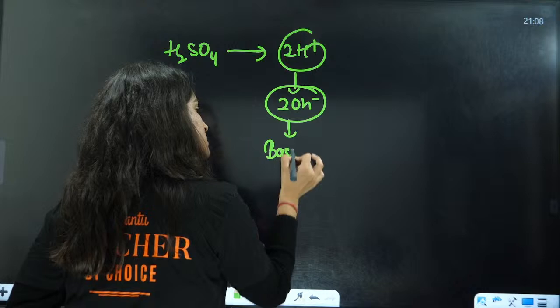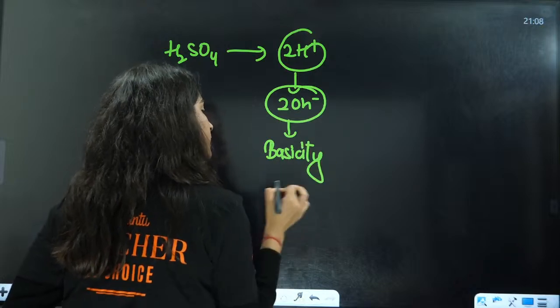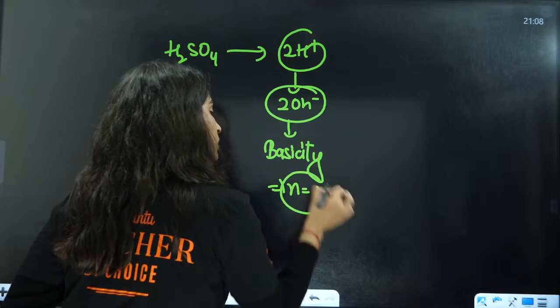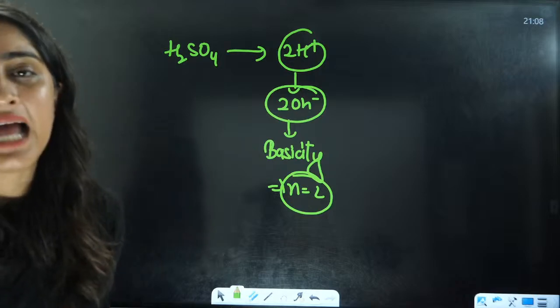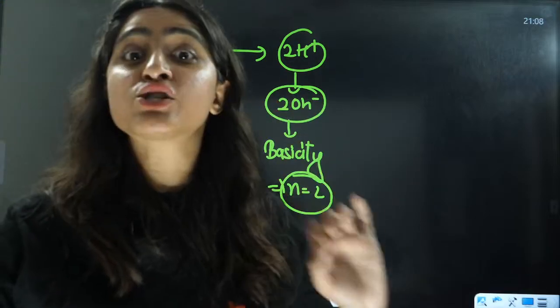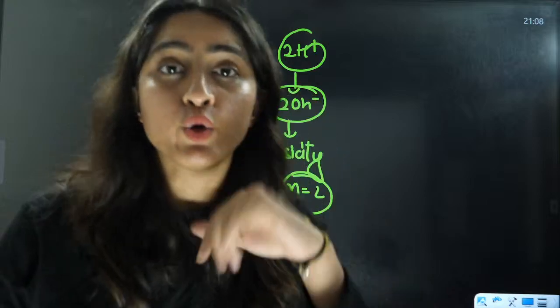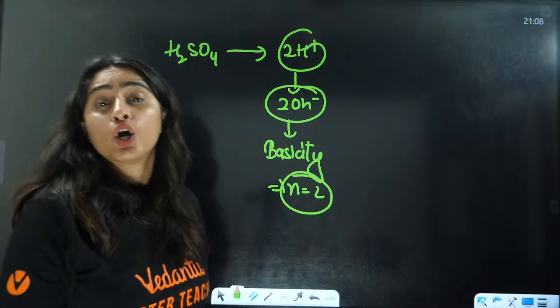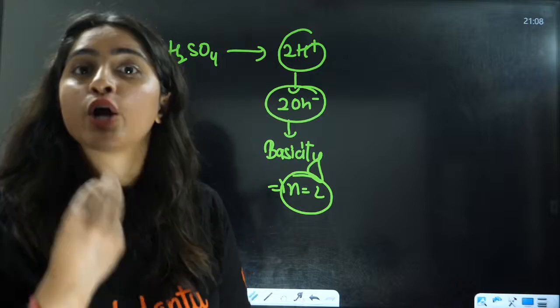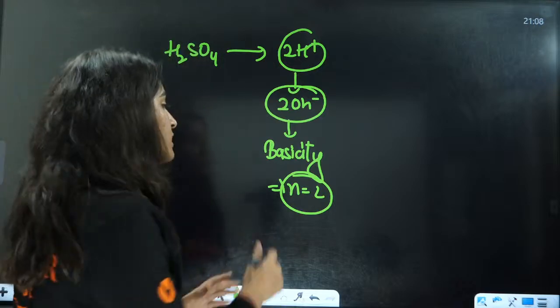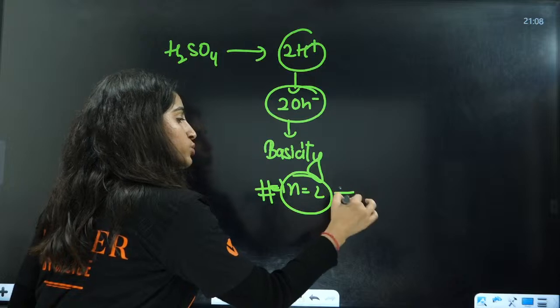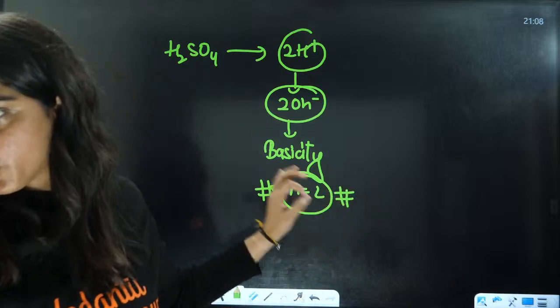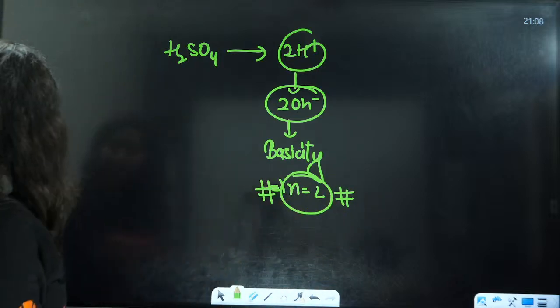That means the basicity of this acid is 2. That is how much H positive is going to neutralize with the base. So the value of n is going to be 2 here.